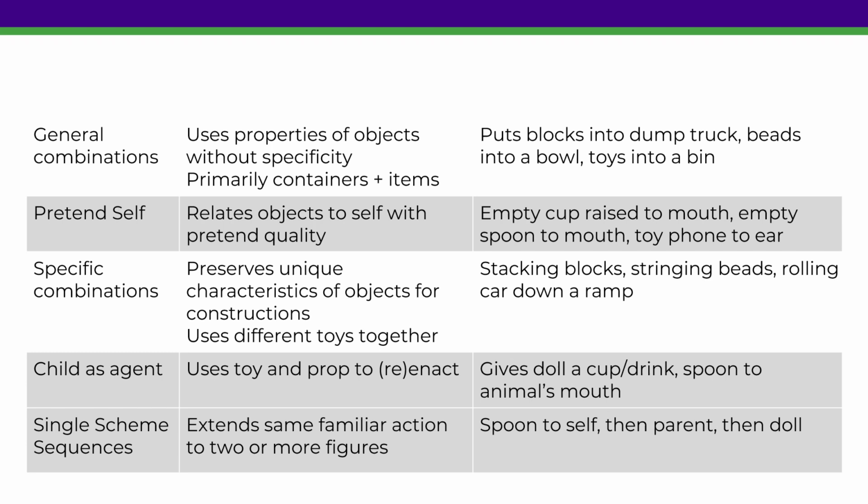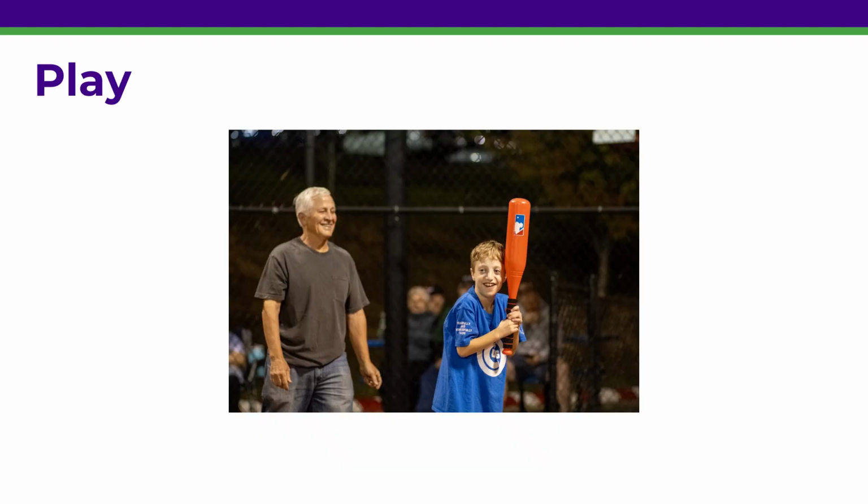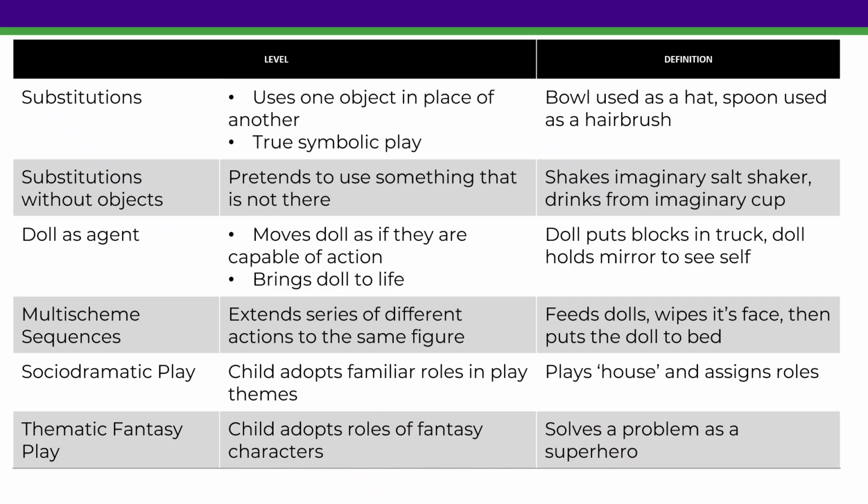Single scheme sequence is extending the same familiar action to two or more figures or people. So bringing the spoon to oneself, then to the parent, then to the doll to share in the same sequence. All right. A few more of these play skill levels involve a little bit more pretend play.